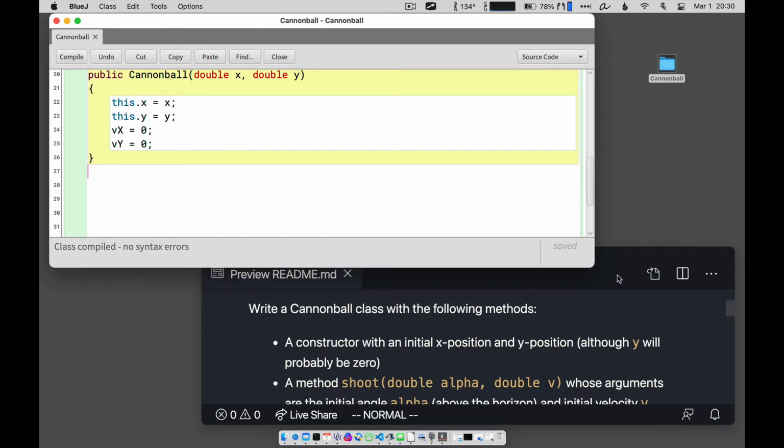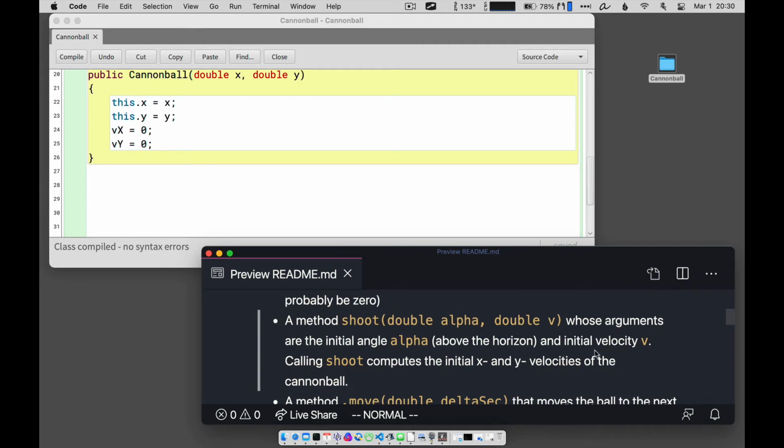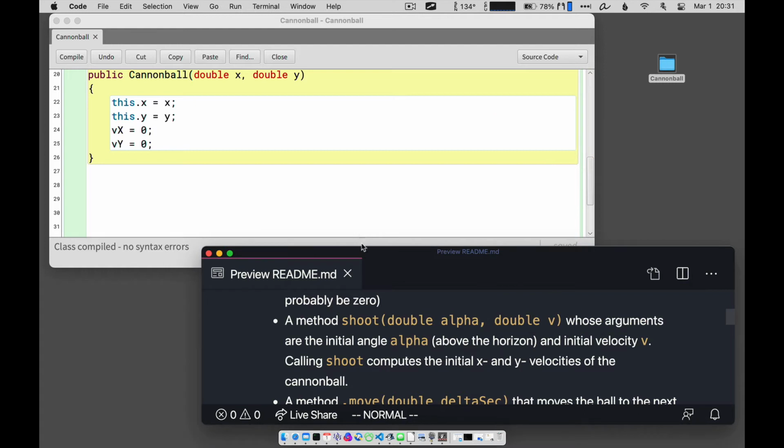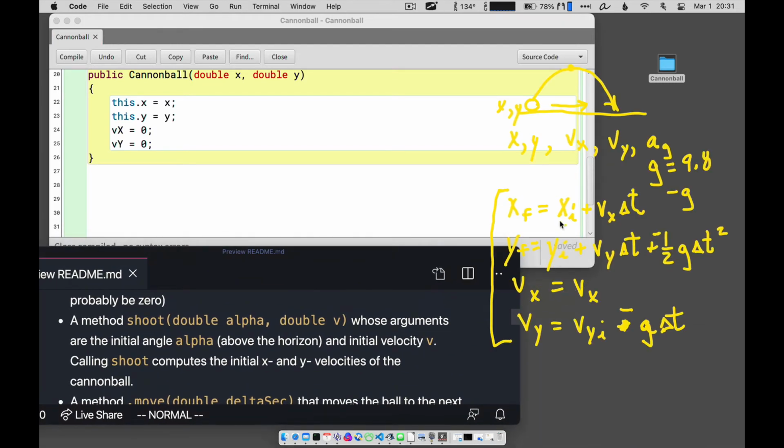Okay, what else? There's going to be a shoot method whose arguments are the initial angle alpha above the horizon and initial velocity v. Oh, good. So this is going to be where I actually get real values for v. So calling shoot computes the initial x and y velocities of the Cannonball. So good. Remember, we had those initial values for x and y, and I need to initialize vx and vy.